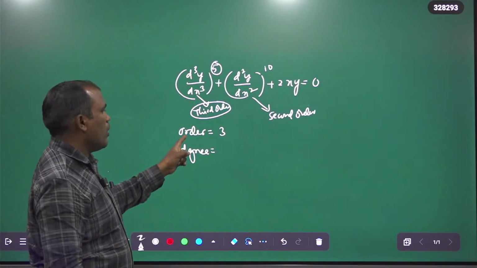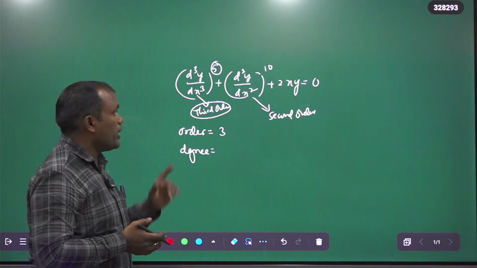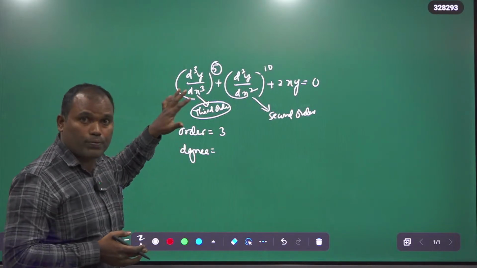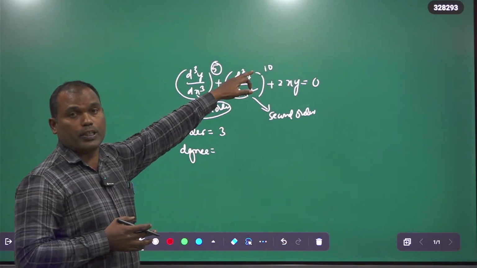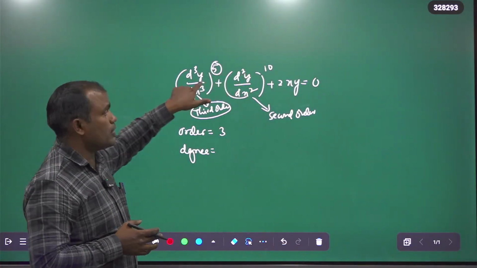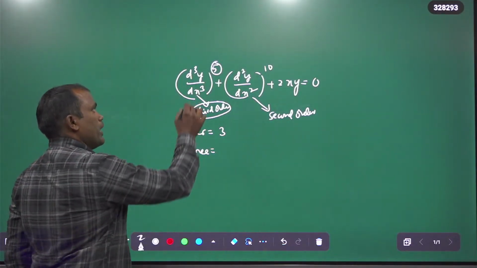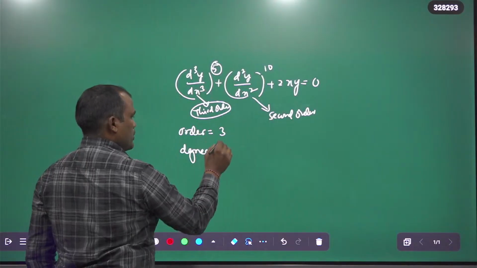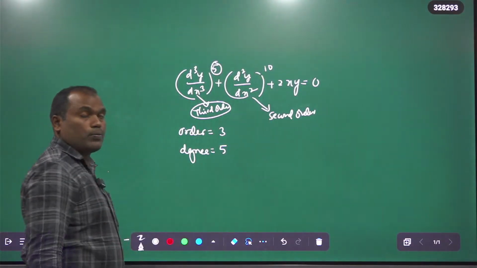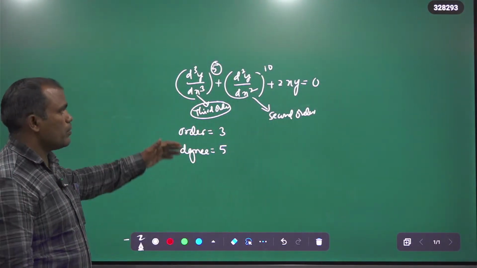Immediately we should write order is 3. And degree means we should observe only the power of the highest derivative. So don't observe the second order one, which has 10 here. This is second order, and this is third order. So the degree is 5. So this is one example.